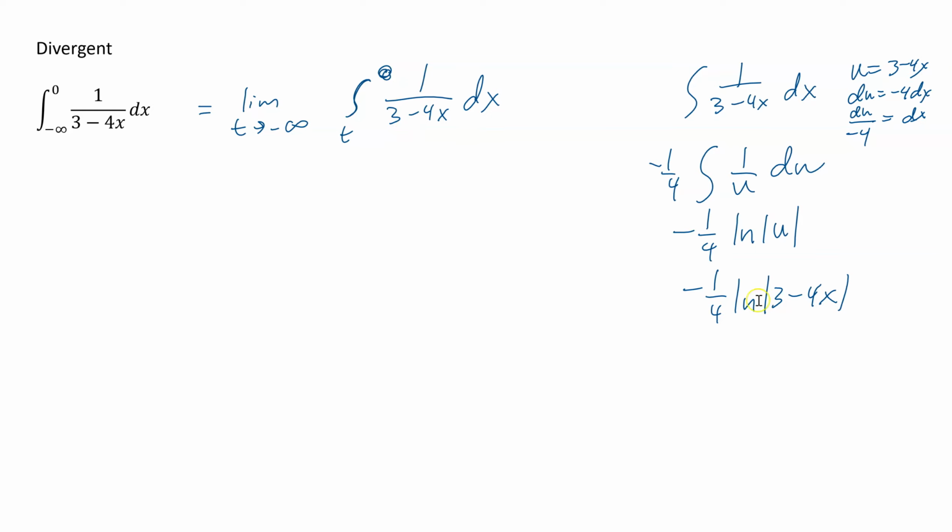All right, so our integral is this, and now we can make it into our definite. So limit as t approaches negative infinity. I'm going to put the negative 1/4 on the outside, just like before. From 0 to t, and now we plug that in.